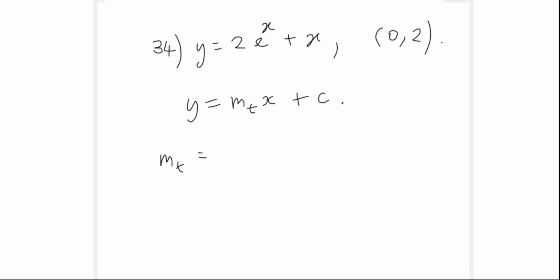To get mt, the gradient of the tangent line, we have to differentiate the given equation of the curve.